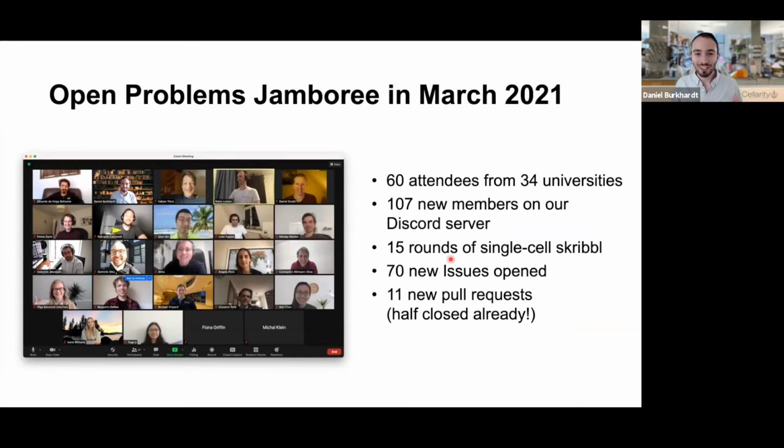We played a lot of single-cell Scribble, which is sort of like a version of Pictionary you can play over Zoom to bring together folks in an informal setting, which is kind of difficult to do when you're hosting a virtual event like this. And we had a lot of really meaningful contributions to our GitHub repository. There were 70 new issues, or code contributions that people wanted to make, and we had 11 new pull requests, more than half of which are already merged into the main code base.